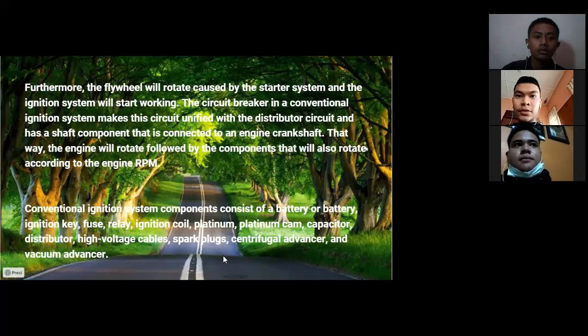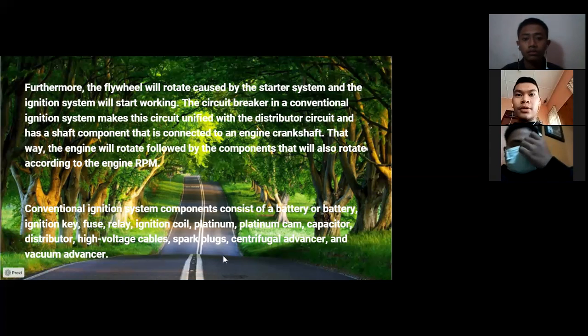Furthermore, the flywheel will rotate, caused by the starter system, and the ignition system will start working. The circuit breaker of the conventional ignition system is in the distributor and has a shaft component connected to the engine crankshaft. That way, when the engine rotates, the components also rotate according to the engine RPM.